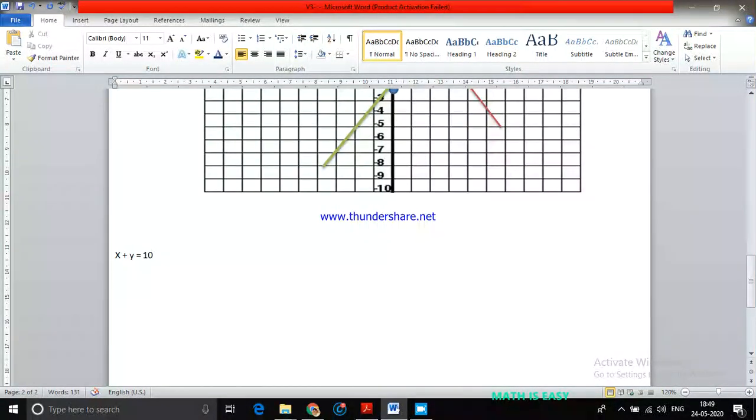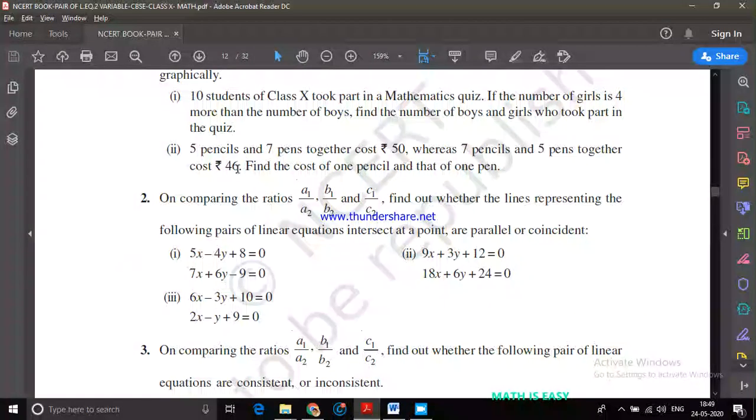My second equation comes from the second condition: the number of girls is 4 more than the number of boys.